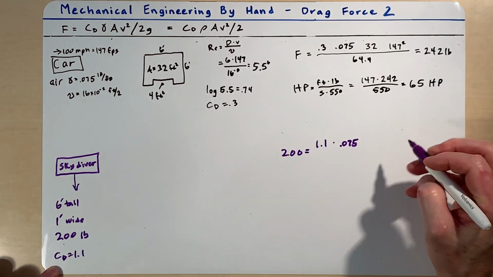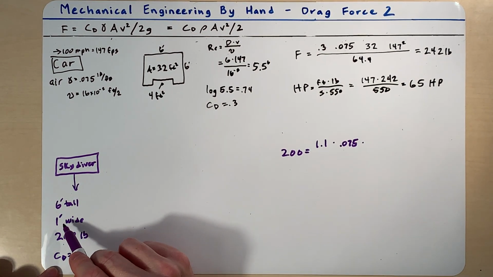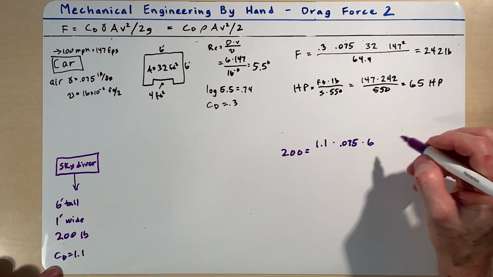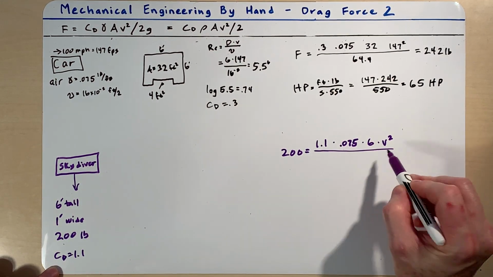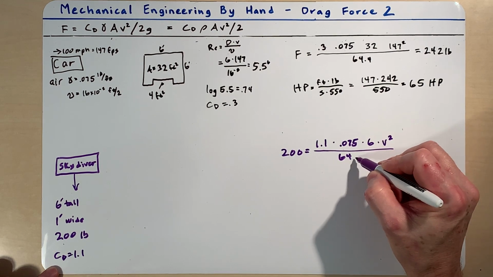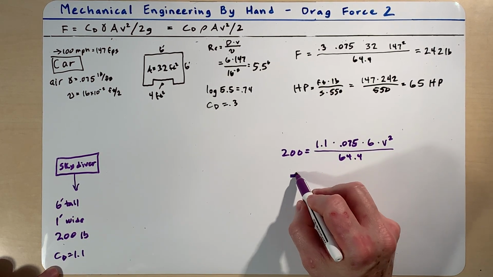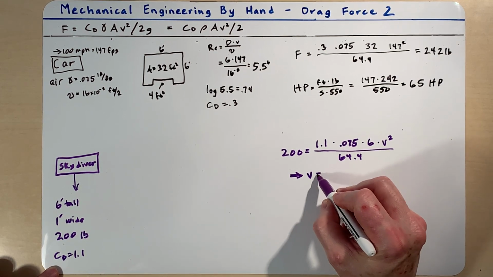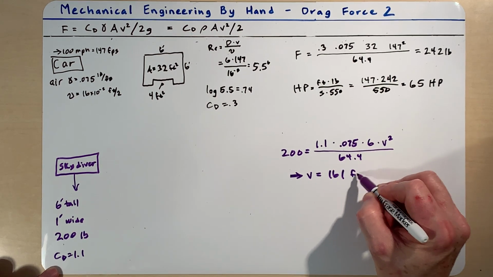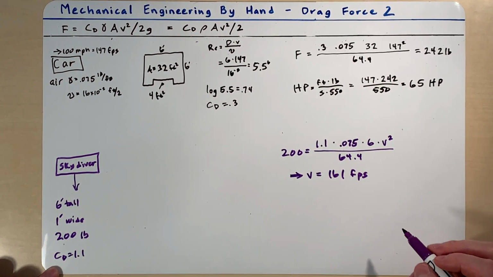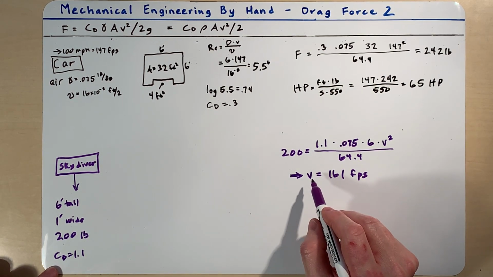We'll just say that's air at standard conditions, times the area of this person, which is 6 square feet, and then we have velocity squared divided by 2g. And so solving for velocity, we get 161 feet per second.